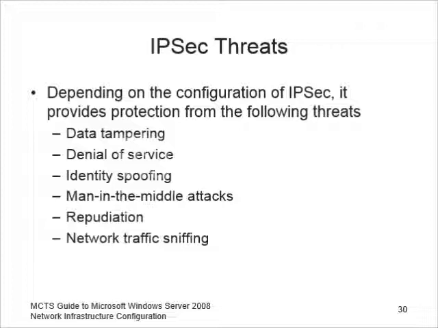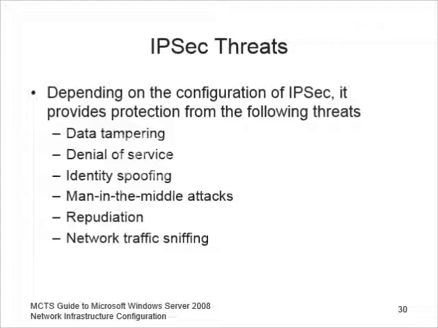IPsec uses cryptography-based keys that are shared only by the sending and receiving computers to create a cryptographic checksum for each IP packet that is secured using IPsec. This is to protect the integrity of the data. Any modification to the packet data alters this checksum, which indicates to the receiving computer that the packet was modified in transit.